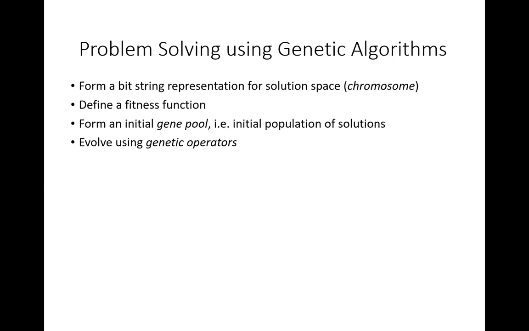Typically, the term people use in genetic algorithms for that is chromosomes. Then you need to define a fitness function, which is very similar to the evaluation metric concept we talked about earlier. Then you form an initial gene pool, which is the initial population of your solutions.